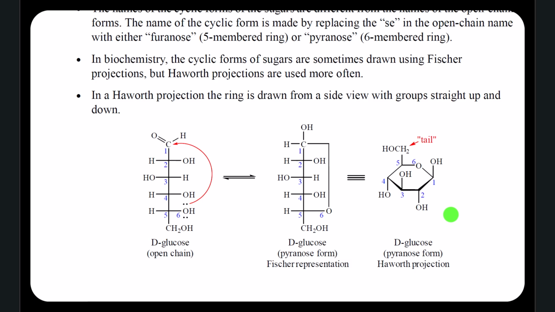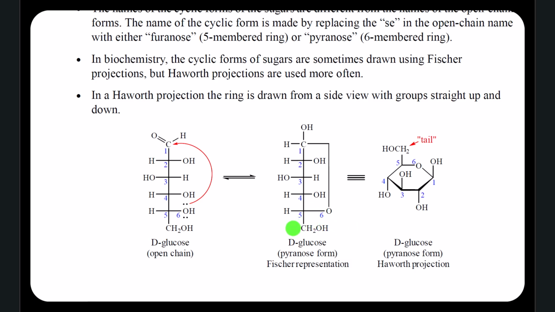It should be noted, very interestingly, that in almost all of the cyclic sugars, it's not the hydroxyl group on the very end of the chain that makes the bond. Instead, it is more common for hydroxyl groups that are higher up on the Fischer projection to make the bond. Very often, it's the hydroxyl group that is one from the very end of the chain, as in this case.